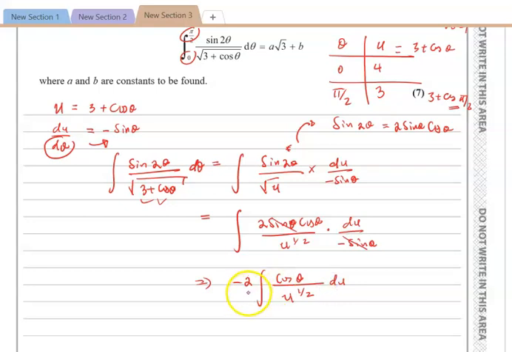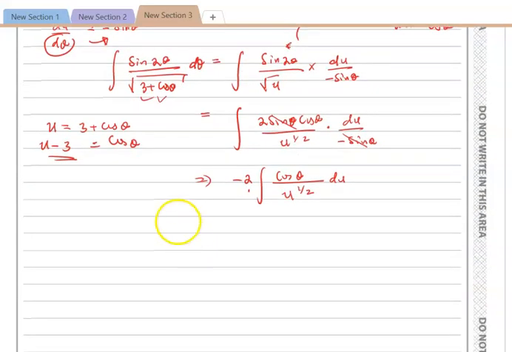Remember, always put the constant outside as long as it's a multiplication. Now, you remember that your u is equal to 3 plus cos of theta. So theta is equal to u minus 3. That means your integral now is minus 2 times the integral of (u minus 3) over u to the power of a half, du.